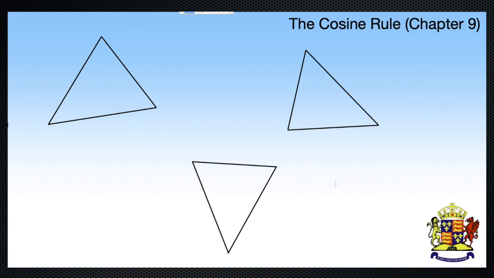For the first one, this angle here is 55 degrees. I have 5 centimeters and 6 centimeters, and we want to find this side A. In this question here, I have 41 degrees, 8.2 meters, 7 meters, and I want to find this missing side here.